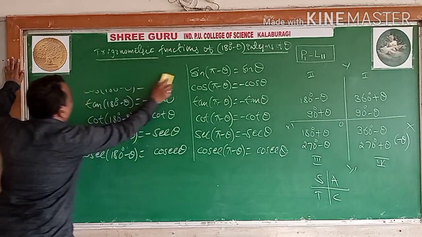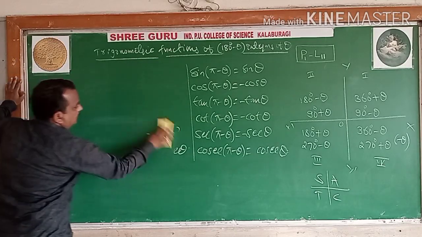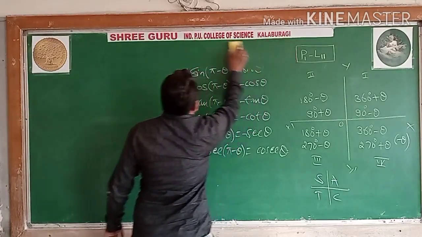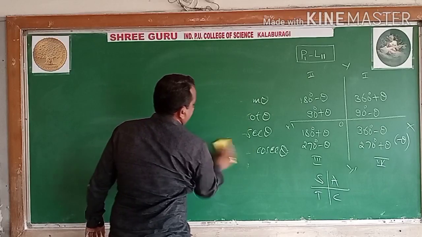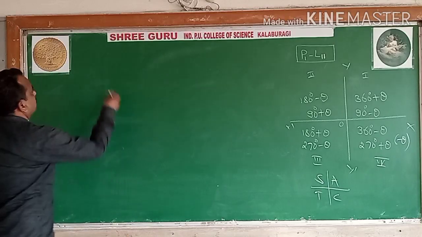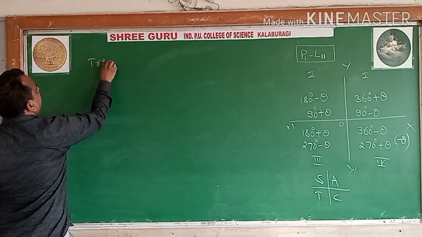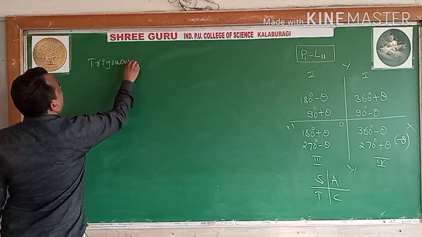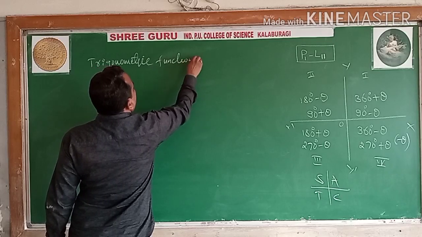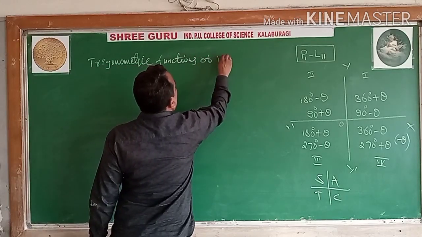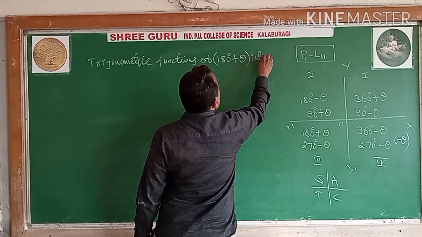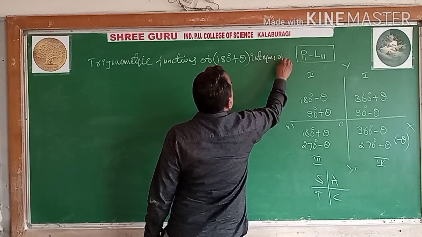Now, let us see the remaining trigonometric functions of 180 degree plus theta in terms of theta.